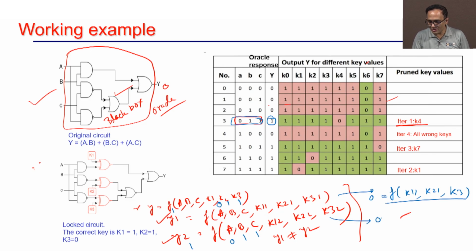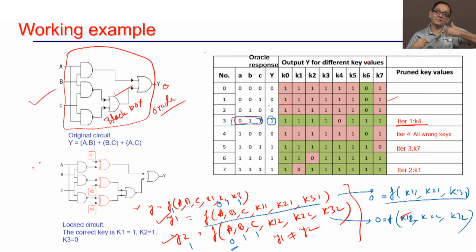This also similarly becomes the same thing for K12, K22 and K32. Because I am specifically putting in the value of ABC, ABC and Y do not exist in this equation anymore. So this reduces to an equation of the K variables.